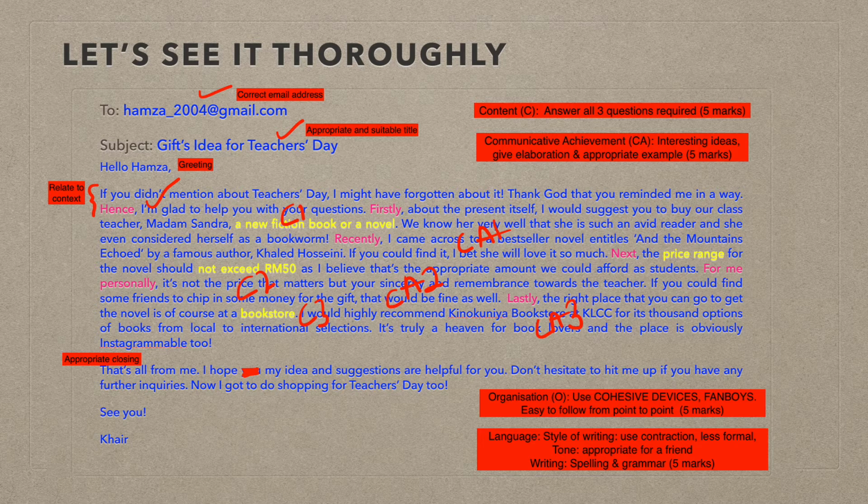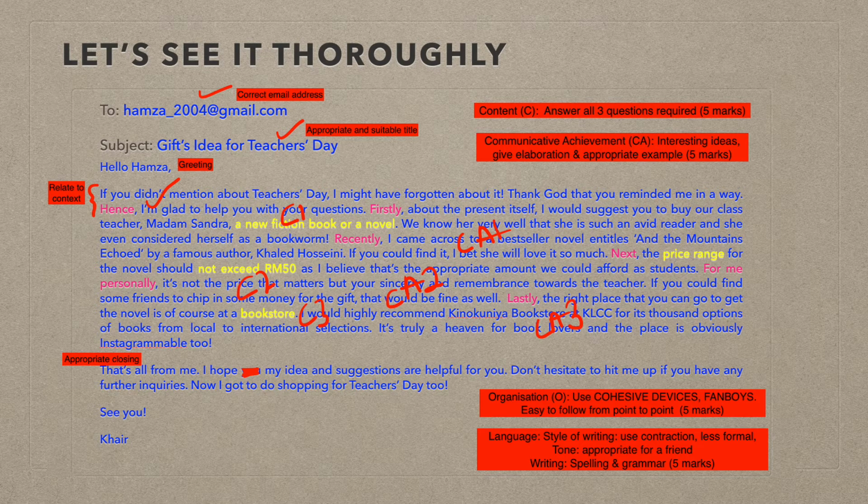Okay, and for CA, some students will actually fall between maybe 3 to 4. She should make the email sound interesting enough. Okay, so I believe that by giving elaboration, by giving examples, that would be very helpful for you to have higher marks for CA for communication.